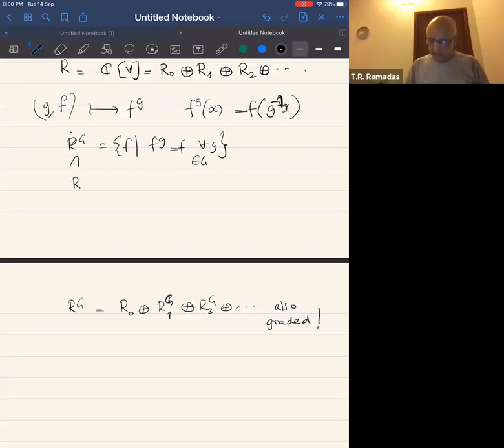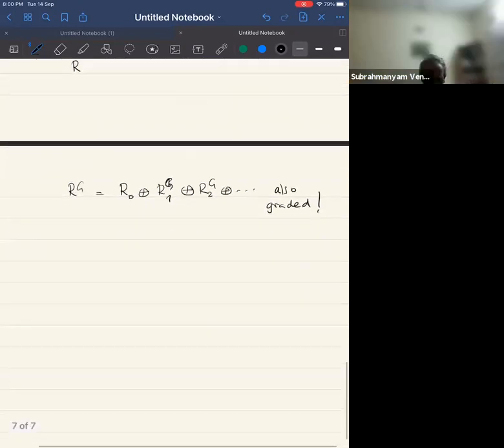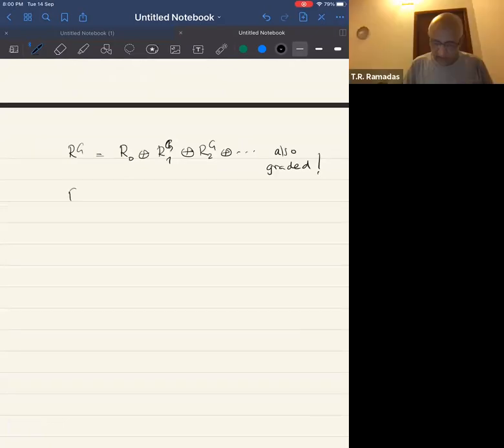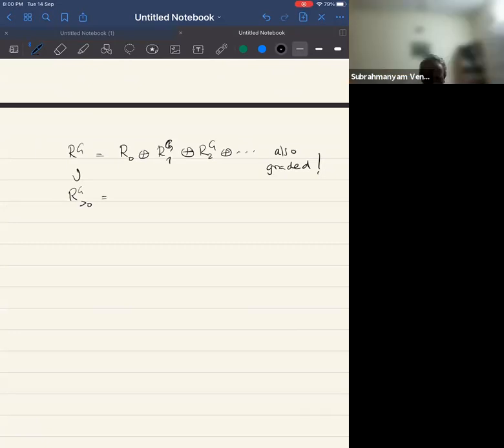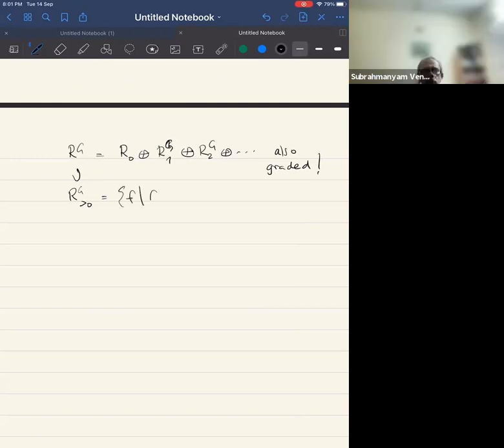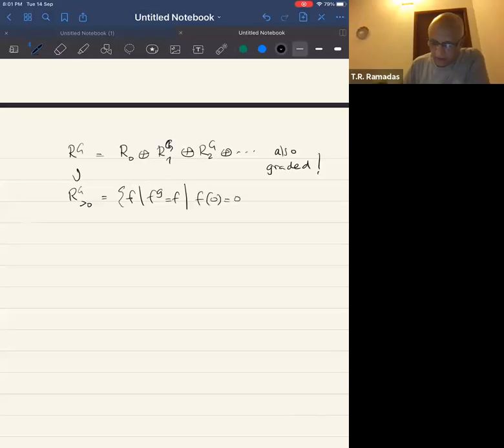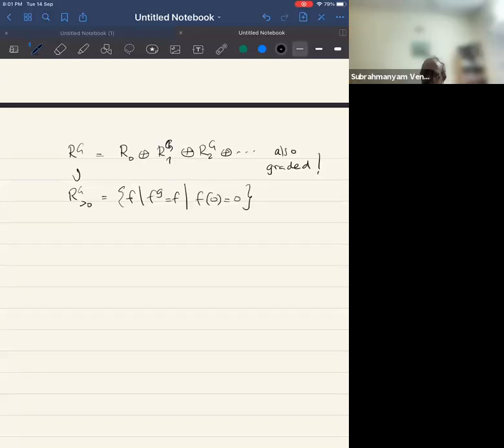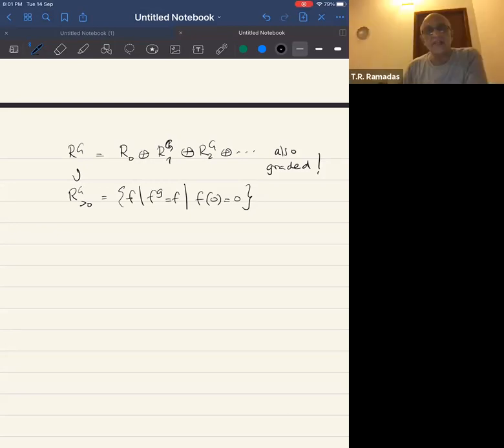I won't belabor the point. So now look at the ideal of invariant polynomials of strictly positive degree. In other words, this consists of f such that f^g equals f and f(0) is 0. So this is the ideal of invariant polynomials which vanish at the origin. Okay, this is the definition.